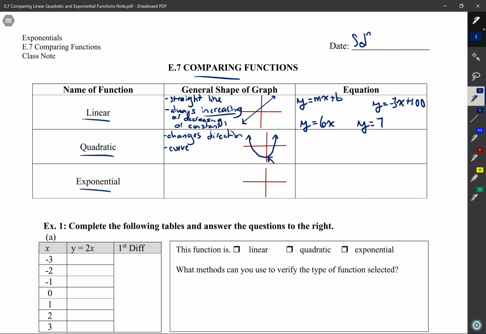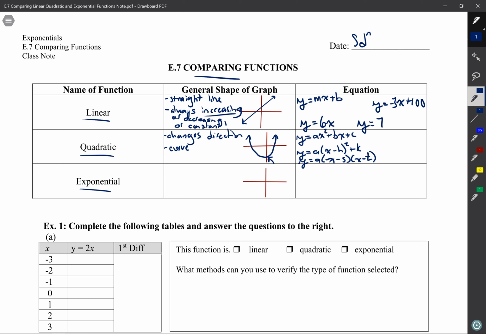We've taken a look at the equations of quadratics a number of times in here, so we can have it in, say, standard form, which is y equals ax squared plus bx plus c, or in vertex form, so y equals a(x minus h) squared plus k, or I can have it in factored form, y equals a(x minus s)(x minus t), where s and t are my zeros.